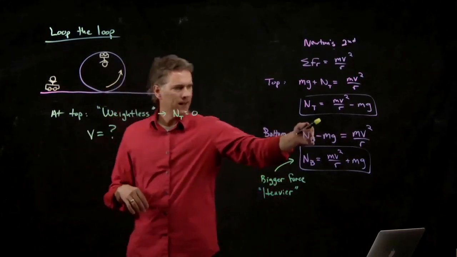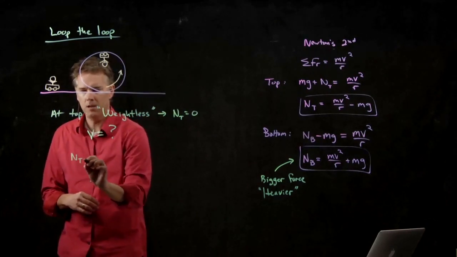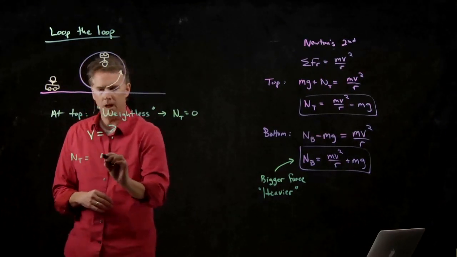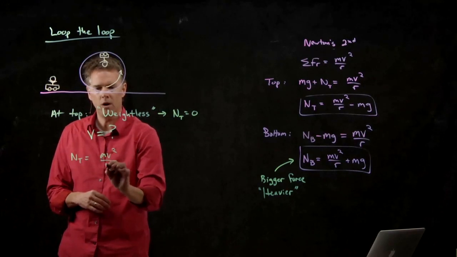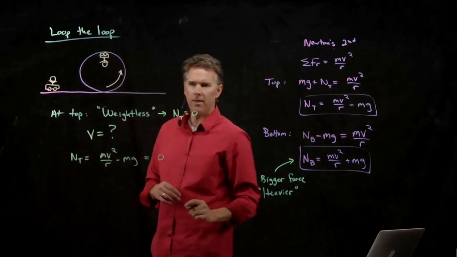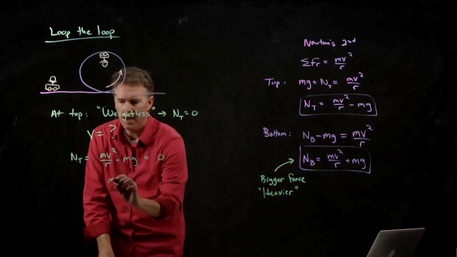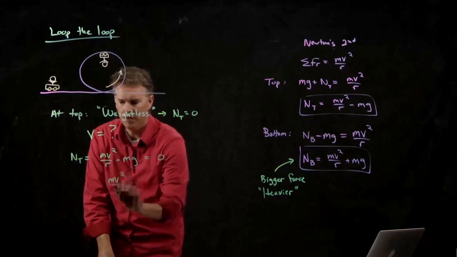Okay, but we know exactly what the normal force is. It's right there. N_T, we said, was equal to mv squared over r minus mg. We're going to say that's equal to 0. And now we can solve for v. I add mg to the other side.